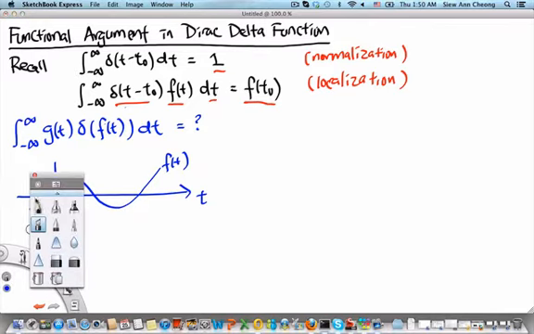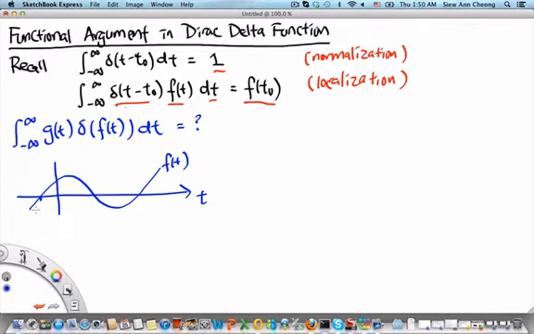Let's say this is t1, and then this is t2, and then this is t3. So the function f of t goes to 0 at t1, t2, and t3.